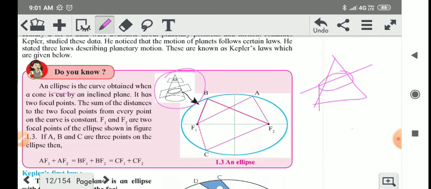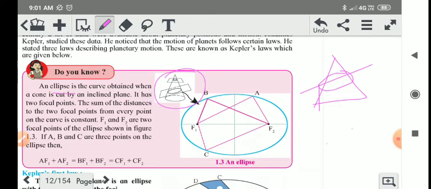As we can see in the diagram, when a cone is cut by an inclined plane, that cut is the shape of an ellipse. F1 and F2 are the two focal points of the ellipse shown in the figure.